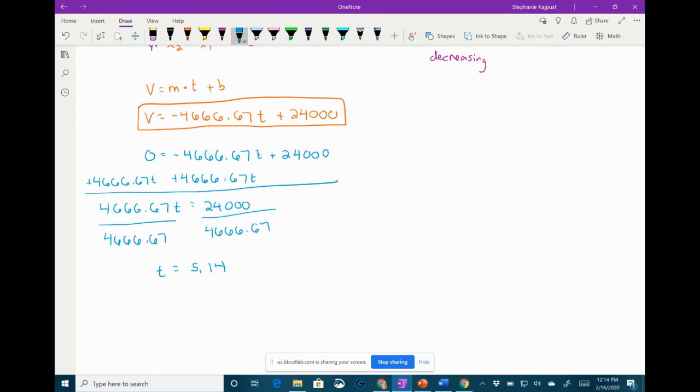So that would mean presumably at the end of my loan, the car isn't worth anything. Now we know that is not true because it's not actually a linear depreciation, but this is an example of how linear depreciation works and how you can use the equation to figure out when it is going to be worth some amount.